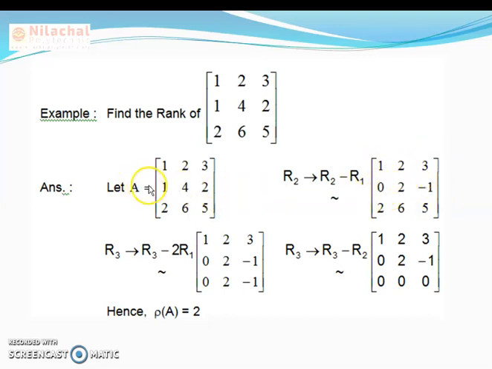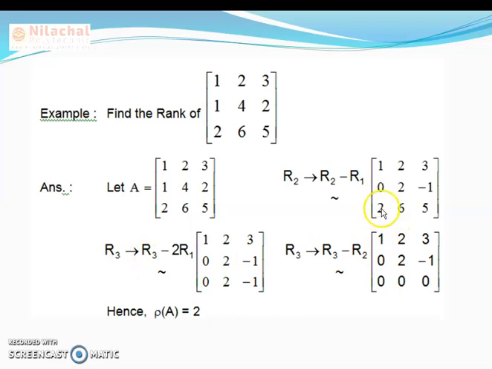So 1 minus 1 is 0, then 4 minus 2 is 2, 2 minus 3 is minus 1. Then come to the next one. The other value 2 in this matrix, you also want to convert to 0 by the help of R1. This 2 belongs to R3, so you write R3 changes.